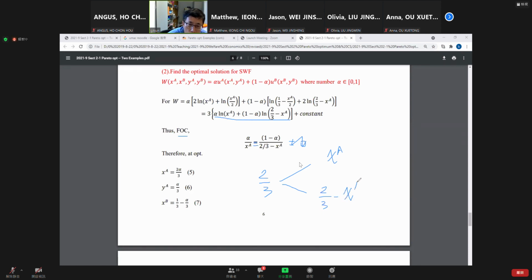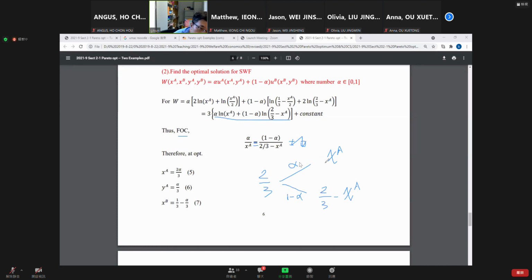Okay, how to do that? You should divide this term into 2 parts. Of course, it's easy to find the answer mathematically from this equation, but for economists, it's much more natural to think about how to allocate this value into two parts.